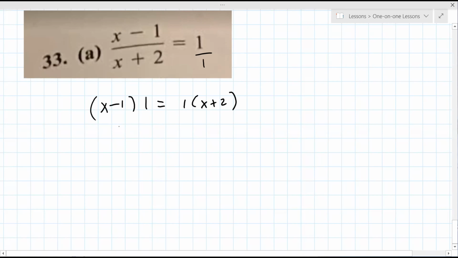So you're going to find, though, that it's x minus 1 equals x plus 2. And you're going to realize, oh, this doesn't work. Because if you subtract x from both sides, you get 0 minus 1 equals 2. So yeah, it doesn't work. So what's going on here?